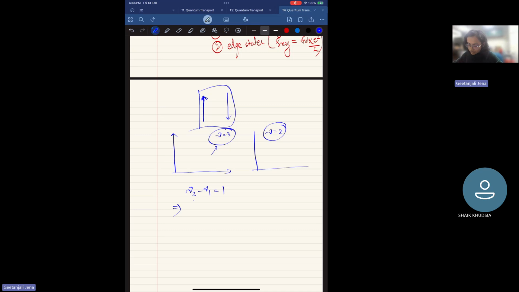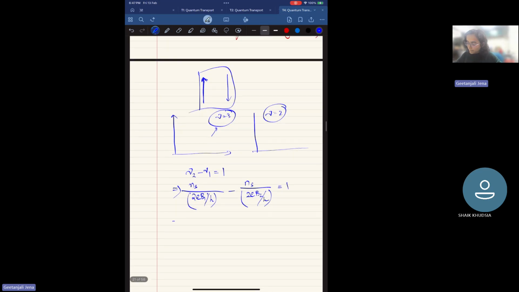And for the filling factor, you can recall this is Ns h by 2e times (1/B1) minus Ns h by 2e times (1/B2). This must be 1. Or we can write Ns h by 2e times Δ(1/B) should be 1.